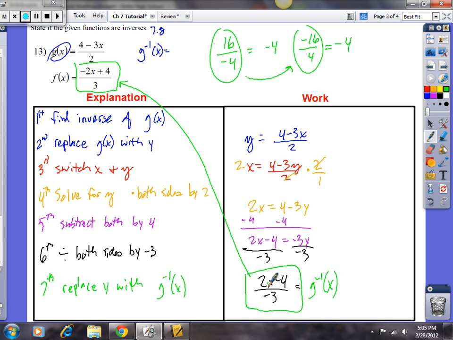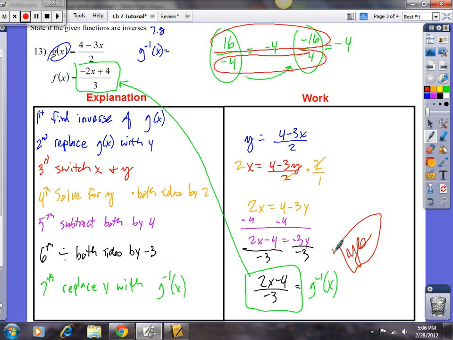So as long as your tops are totally opposite, so this is a positive 16, this is a negative 16, and your bottoms are totally opposite. This is a negative 4, this is a positive 4. So this one, a negative 2x and a plus 4x, the opposite of that has got to be a positive 2x and a minus 4x. And then the same at the bottom, your bottoms have to be opposites also. So 13 is yes, they are.